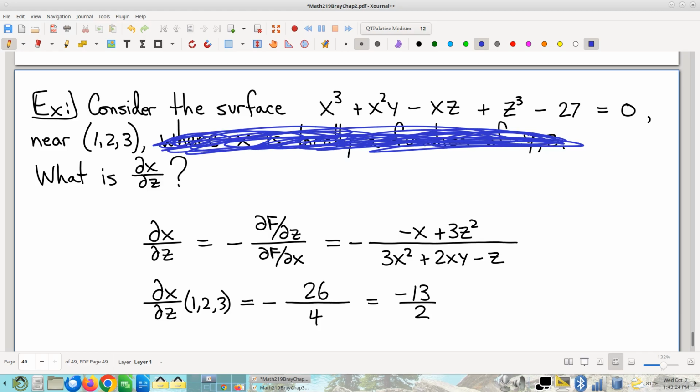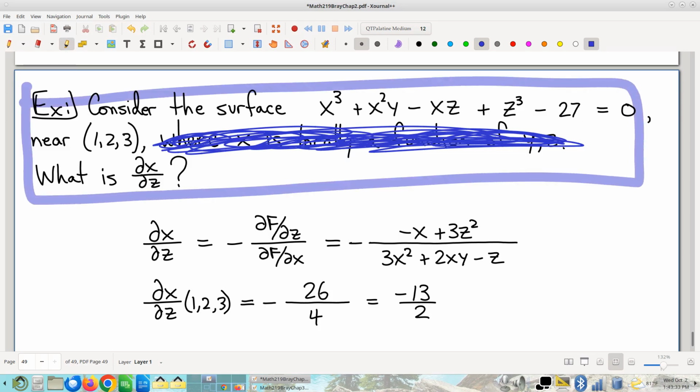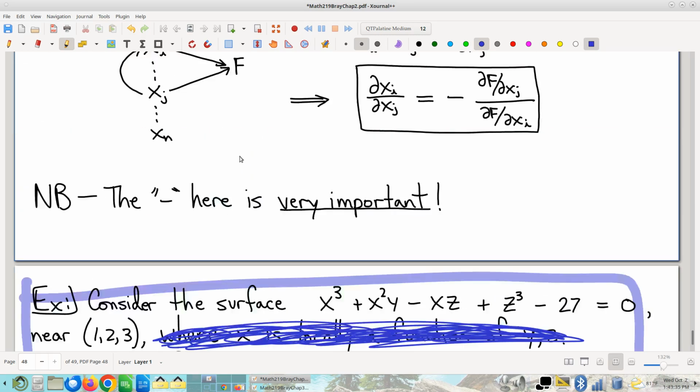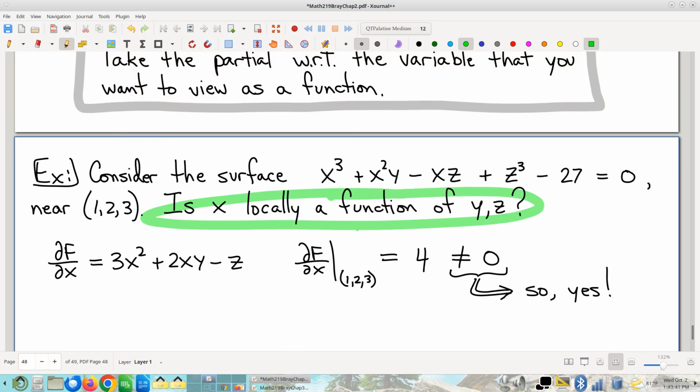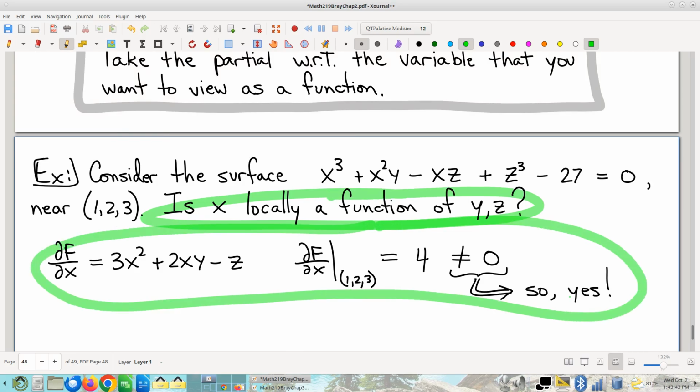And when you see a question like this, here's what you need to do. Just to be explicit, the very first thing you should do is all this stuff right here. You should ask, is x locally a function of y and z? And you should resolve that matter in the affirmative first, right?